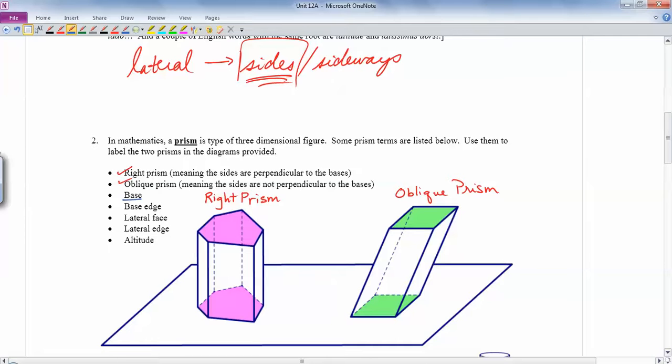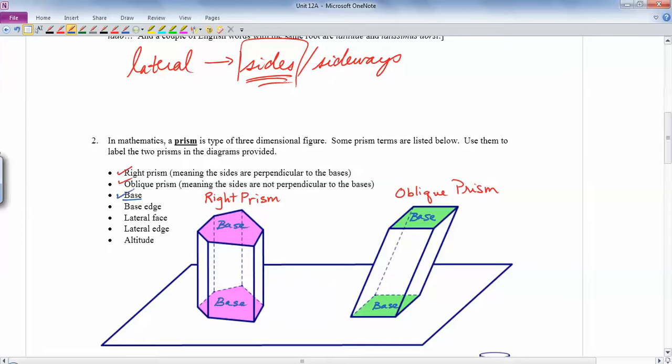A base is just the entire polygon that forms either the bottom or the top, but not the sides. In this case, this would be a base, and the top would also be a base. Over here we've got a couple of bases too, these parallelograms or rectangles, whatever they happen to be.